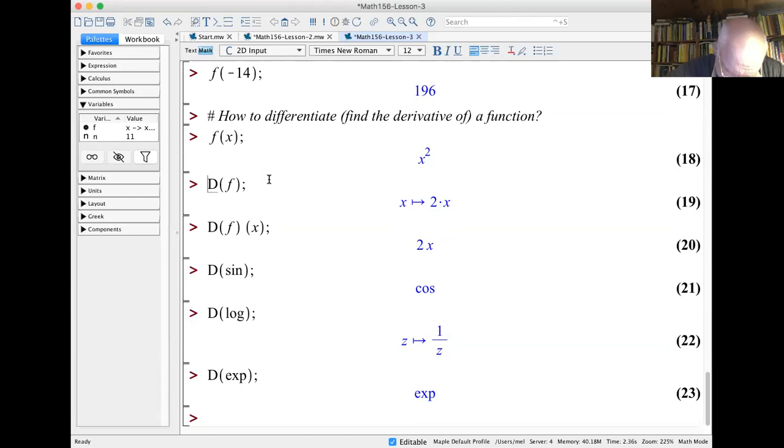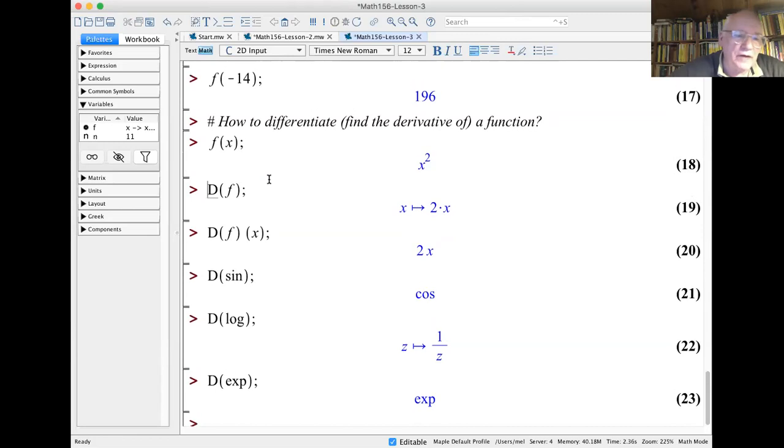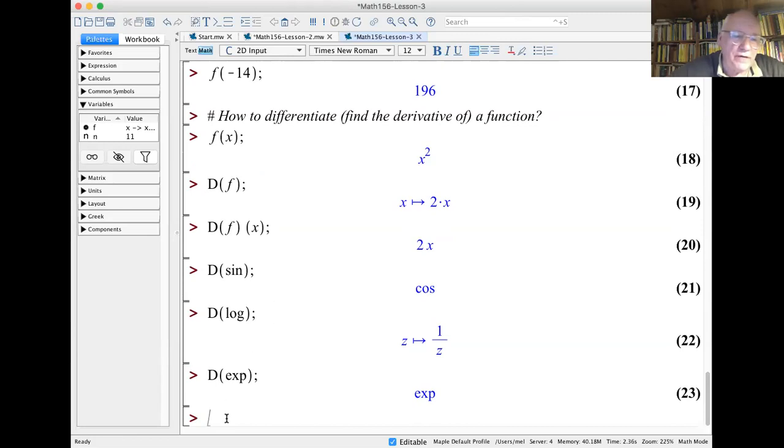Now, it doesn't matter what function you take. If I define a more complicated function, let me call it g.